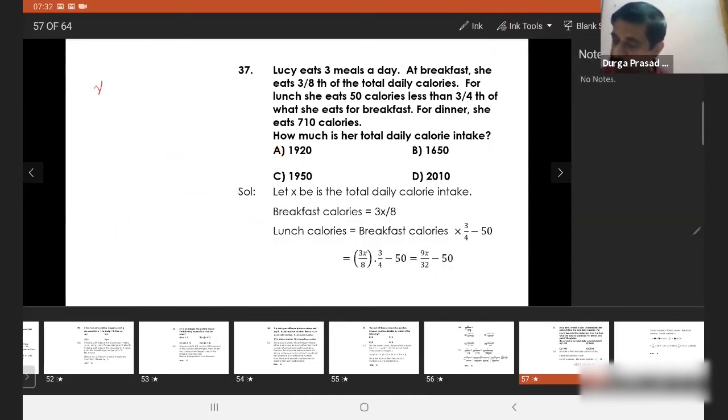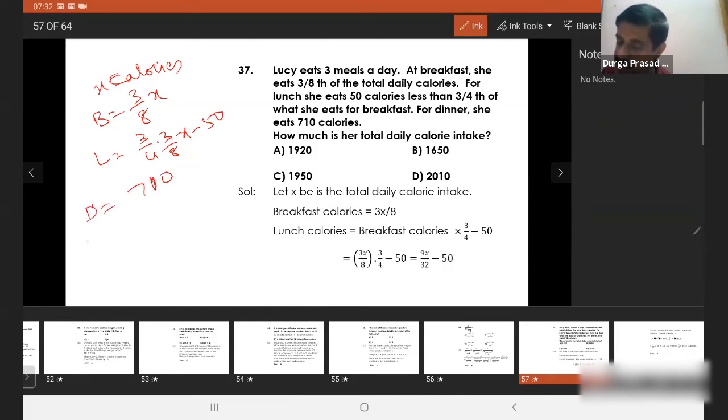See, total is X calories. Breakfast is 3/8 of total calories. Lunch is 3/4 of 3/8 of X minus 50. Dinner is 710. So dinner is X minus lunch and breakfast, X minus 3/8 of X minus 9 by 32 of X plus 50, that is 710.